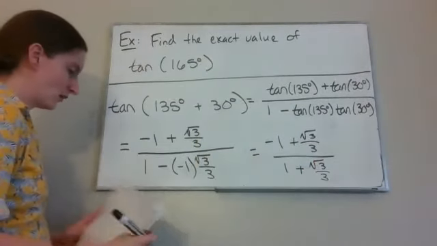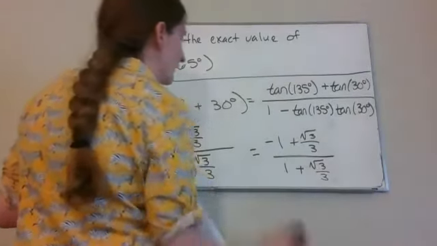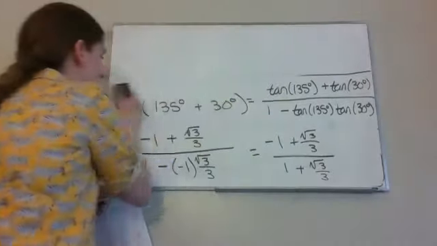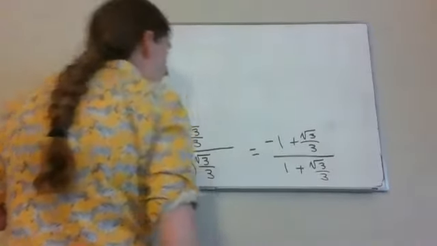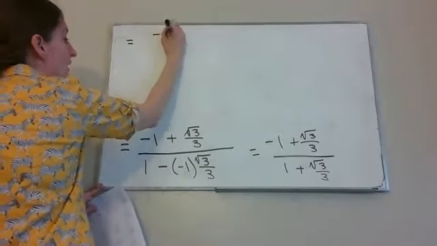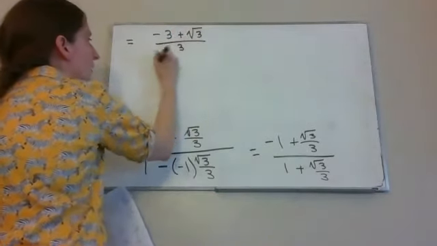And we can simplify this a little bit more still. First thing I would do is get common denominators for both the top of my fraction and the bottom of my fraction. That common denominator for both of those would be 3. So I can rewrite the top as negative 3 plus square root 3 over 3.